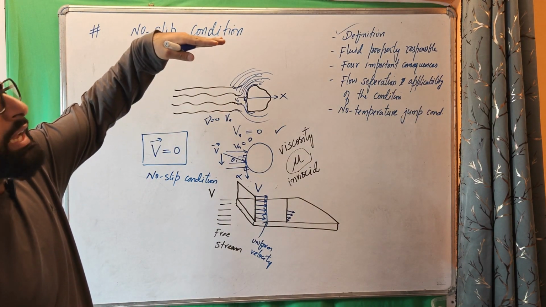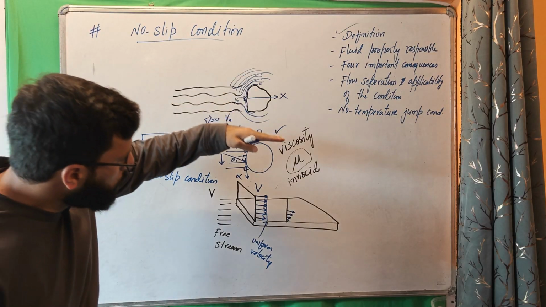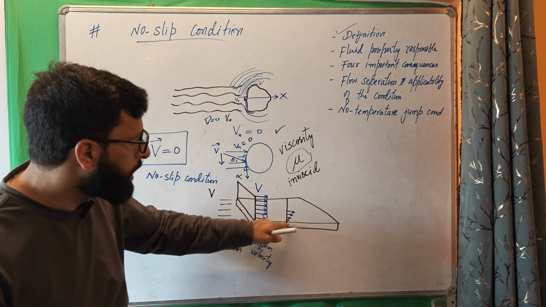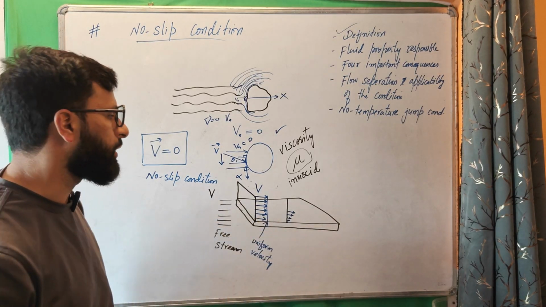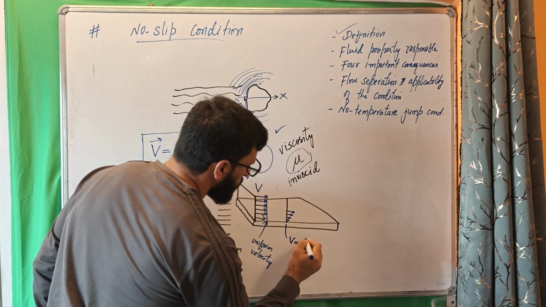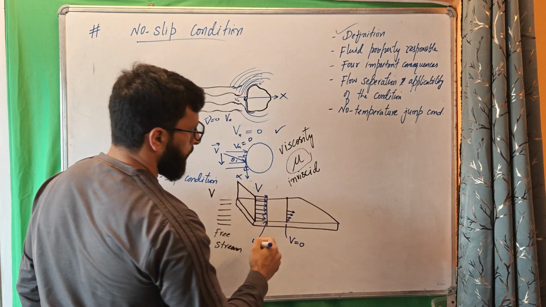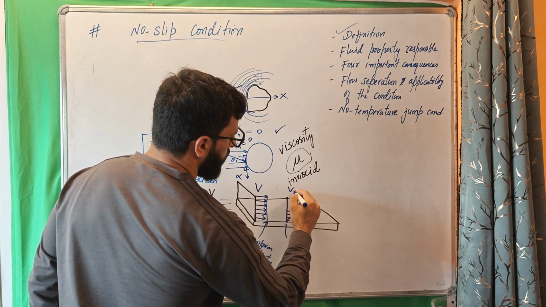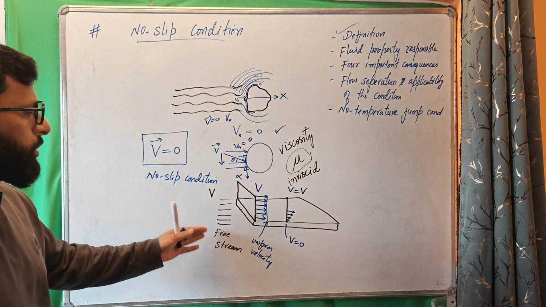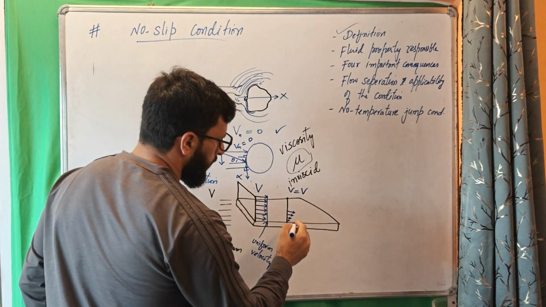The velocity will go on increasing, and as we go towards the solid surface, the velocity goes on decreasing, and ultimately becomes zero for the lowermost layer. So here velocity will be zero, and here at the top the velocity will be the maximum, whatever the velocity was for this free stream.